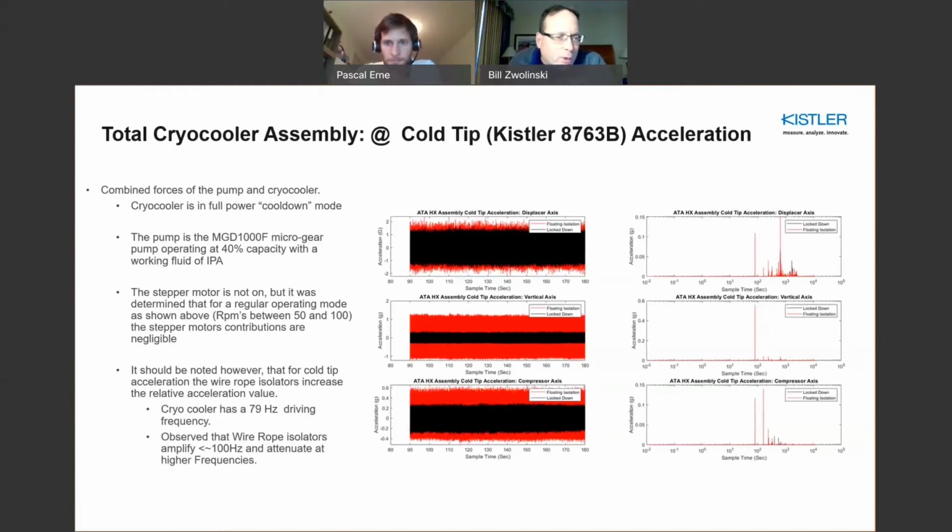As the wire rope isolators were amplifying some of that, we found that when the floating condition occurred, we actually resulted in a higher amount of vibration than the lockdown condition. Obviously, the observation was that at less than 100 hertz, you tend to get some amplification, and at higher than 100 hertz, you were getting more attenuation. So, continued work is ongoing, but this is definitely an area for further improvement as well, with particle dampers and so forth.